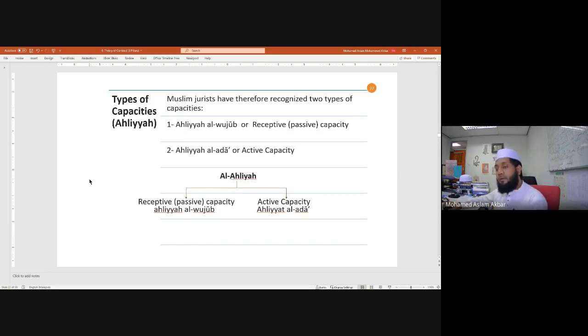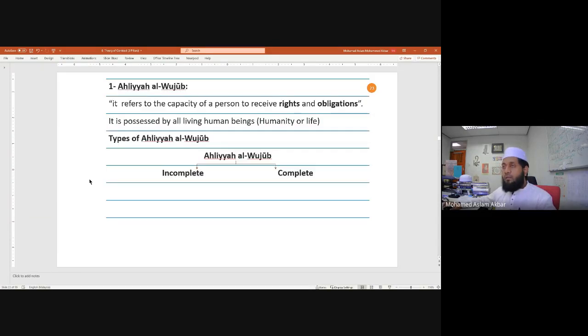Okay, let us talk about it one by one. I told you there are two types of capacity, but we need to discuss what exactly I meant by receptive capacity. First one is Ahliya al-Wujub.